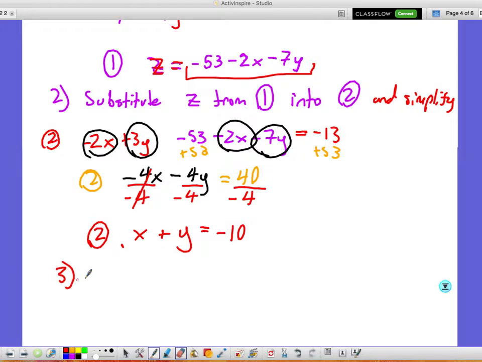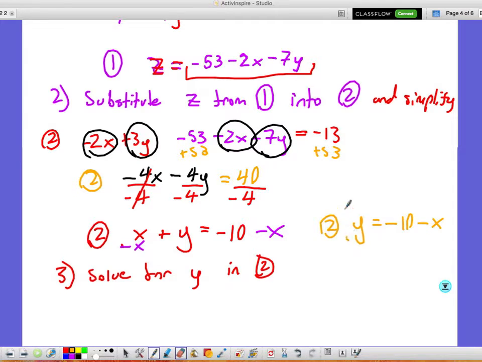I can subtract x from both sides, and that gives me y equals negative 10 minus x. Here is my second equation.